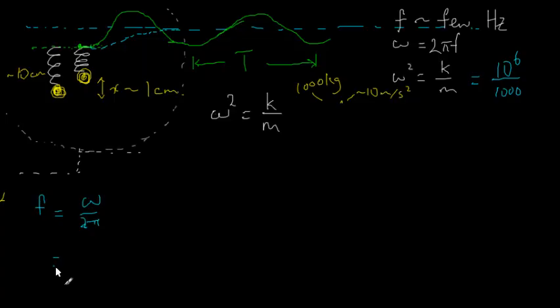Now omega is the square root of that. So that's 10 to the power of 6 over 1000. That's 10 to the power of 3. So that's 1000. So this is the square root of 1000 divided by 2 pi.